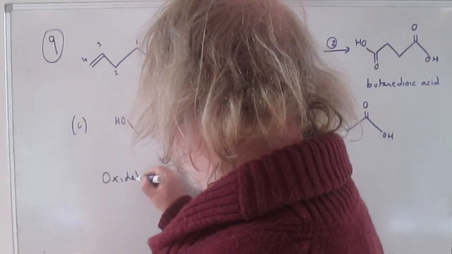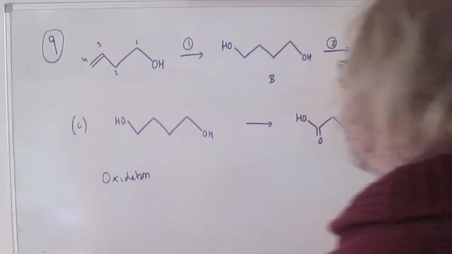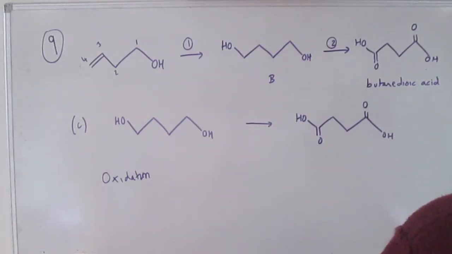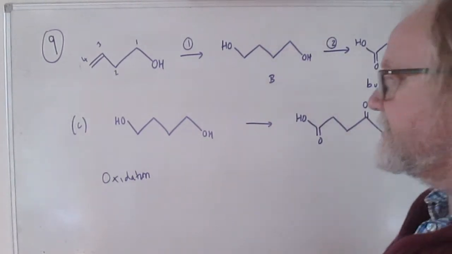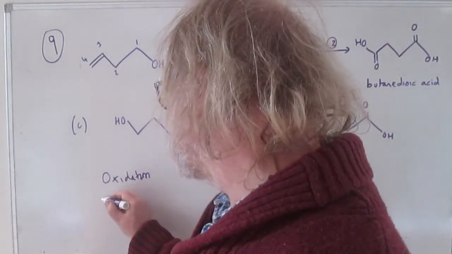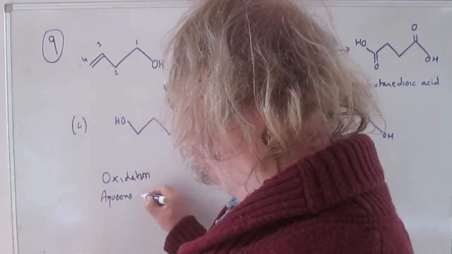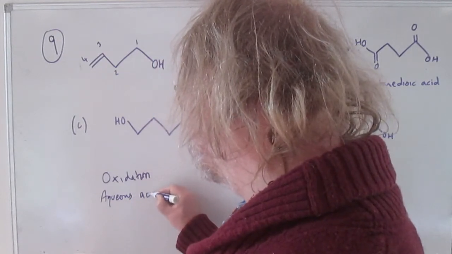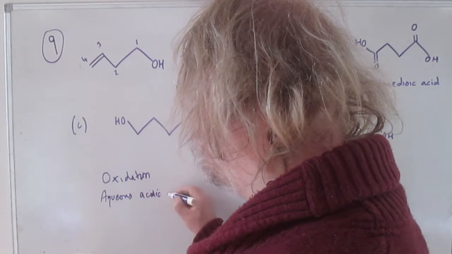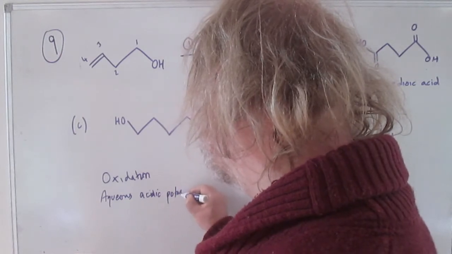And it wants to know what the reagents and conditions are for that. So standard alcohol oxidizing reagent is aqueous acidic potassium dichromate. Make sure you learn that whole package, not just the dichromate bit. So aqueous acidic potassium dichromate.